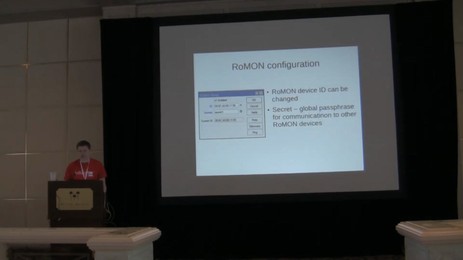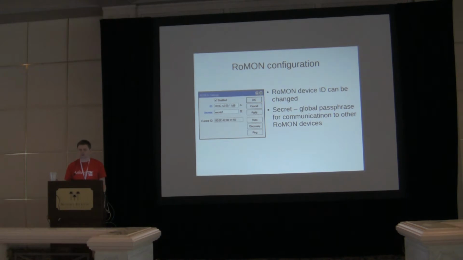So how does the configuration look? If you look at Winbox and go to the tool RoMON, you have the general settings, and you can check enable. It means the router is now part of the RoMON network. You have an ID, which is automatically generated, as you can see below, or you can override this value with a different one if you want.